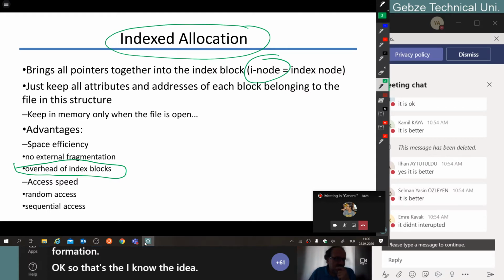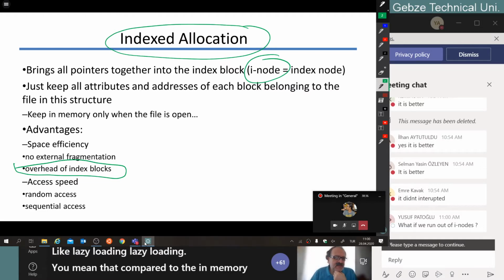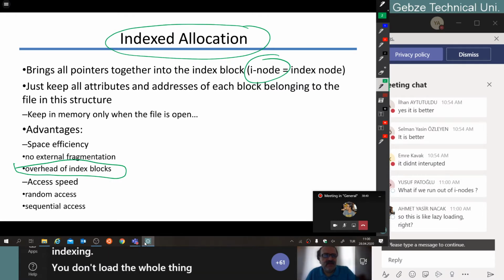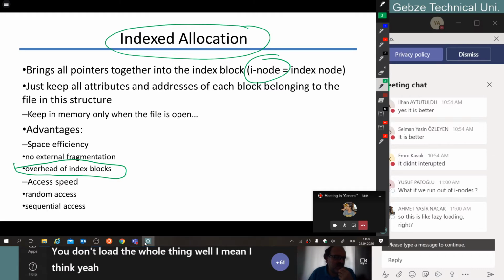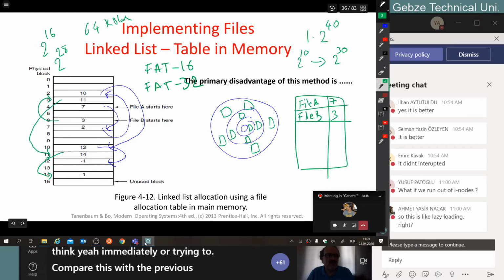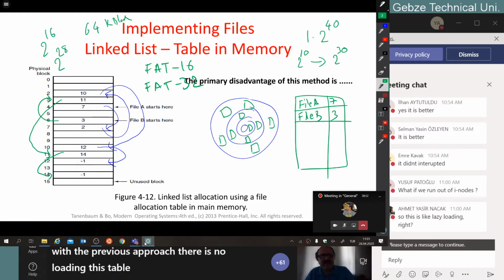Is this like lazy loading? You mean that compared to the in-memory indexing, you don't load the whole thing? Well, I think, Ahmed Yasir, you are trying to compare this with the previous approach. With the previous approach, there is no loading. This table is always in your memory.